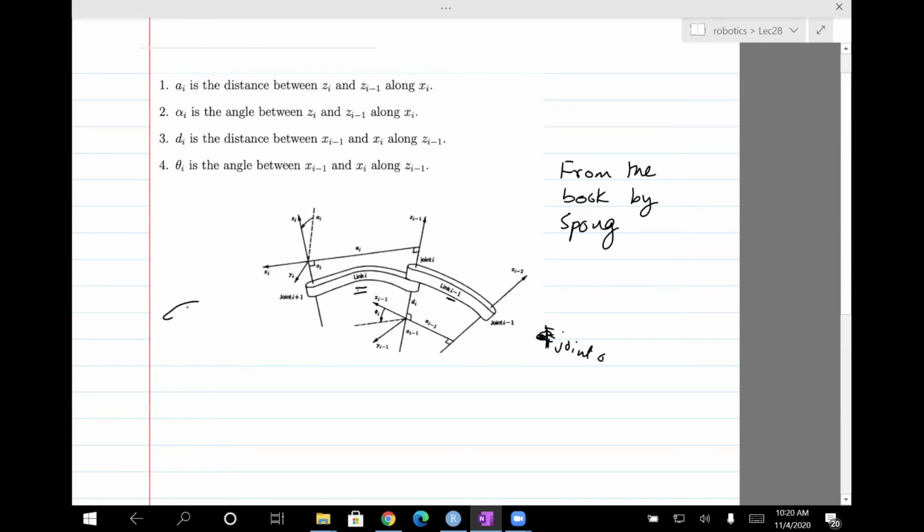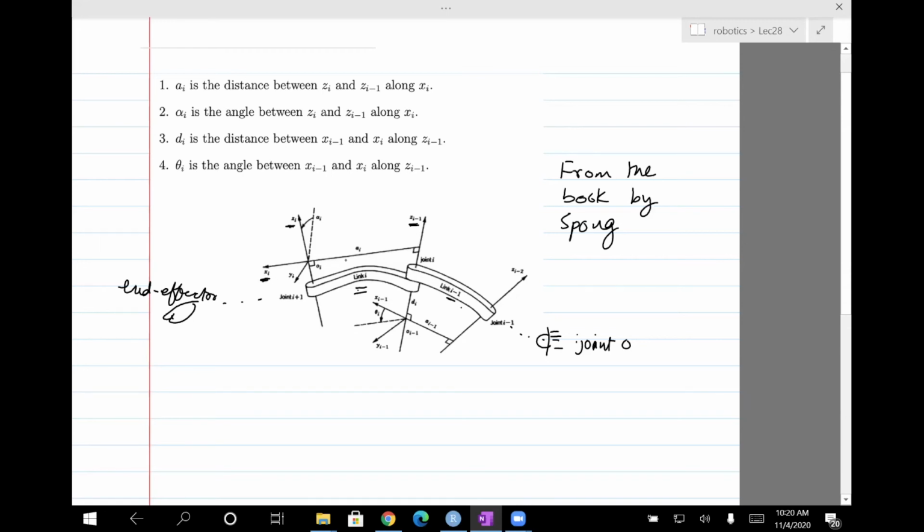And that's the end effector here. This is sort of the opposite of what I drew earlier. So this is z i minus 1, and then this is z i, and this is, you can barely see this, x i.